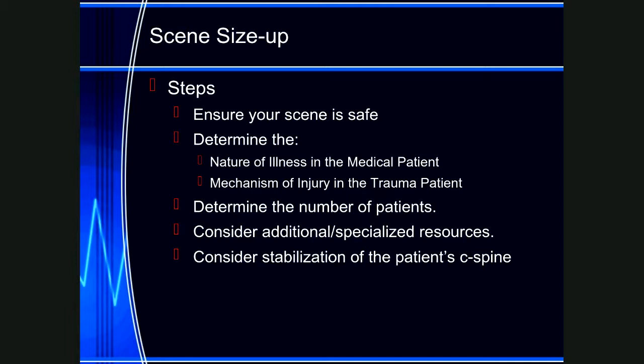So, to ensure that the scene is safe, we got to make sure it's safe for ourselves in this order. It's always in this order: for yourself, your partner, the patient, and bystanders.